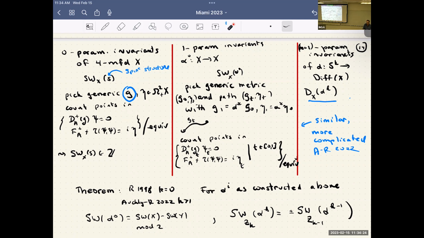The reason for that is that there are these wonderful results of Quinn and Perron that tell you when diffeomorphisms, or actually homeomorphisms, are topologically isotopic, but there's no criterion for when a loop of homeomorphisms is trivial. That's a hard problem.